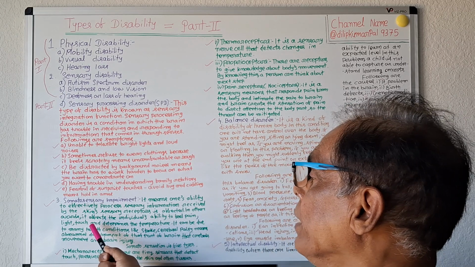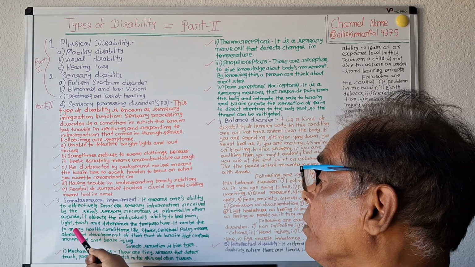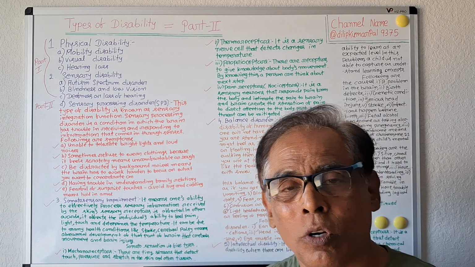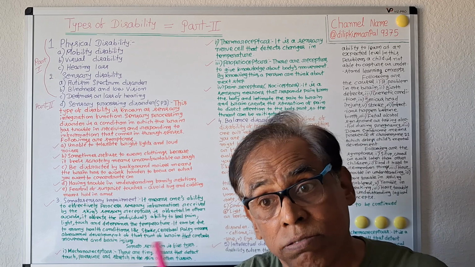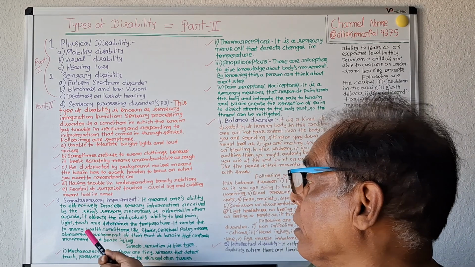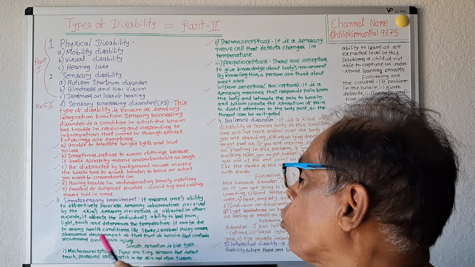In other words, it affects an individual's ability to feel pain, light, touch, and determine temperature. By this problem, a person will be unable to feel pain, touch, light, and temperature.